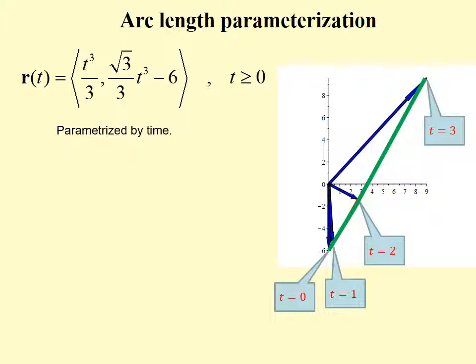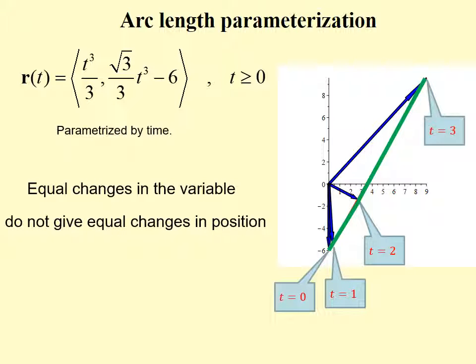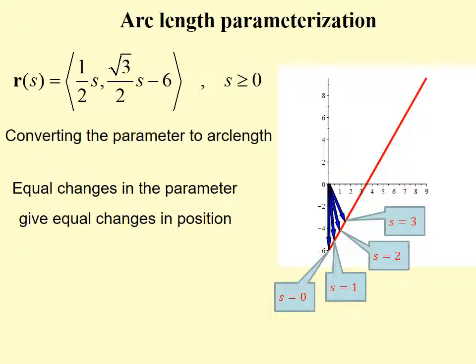So this thing is traveling different distances over equal periods of time. What arc length parameterization is a way of changing that so that the parameter in this case gives us equal distances.